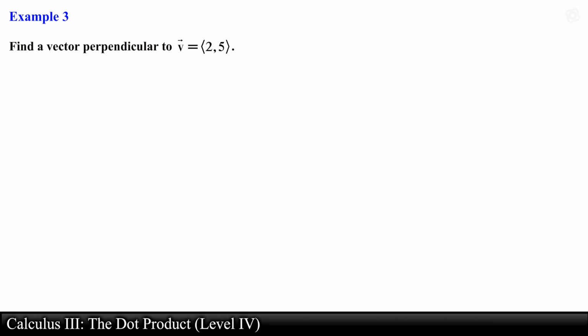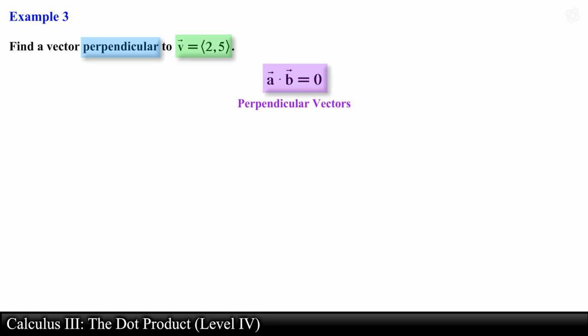Find a vector perpendicular to vector v. Here we have a planar vector, and we are asked to find a vector that is perpendicular to this vector. Recall that two vectors are perpendicular if the dot product is equal to 0. So let's go ahead and use this fact to find a vector that is orthogonal to vector v.